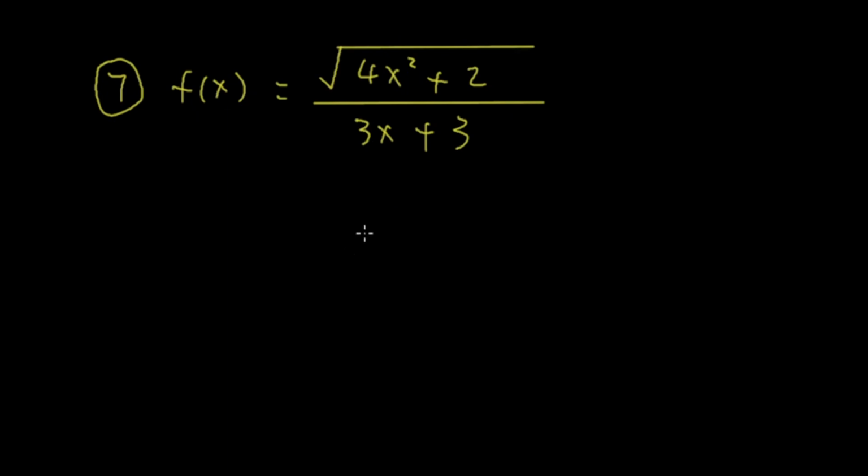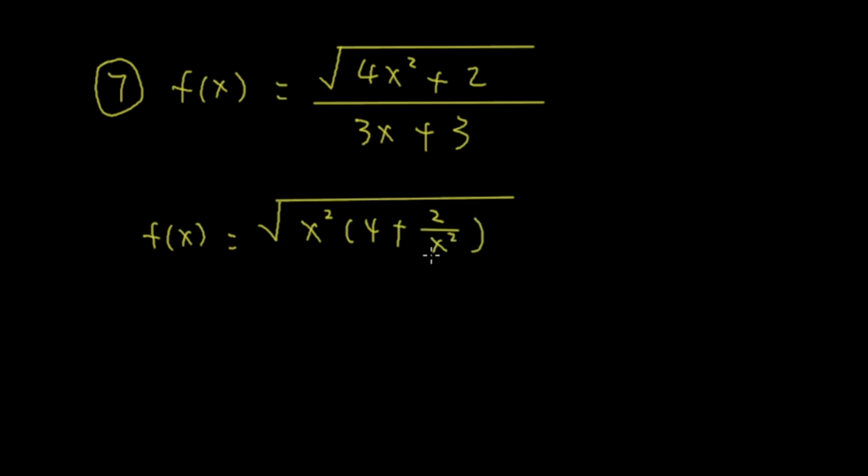Okay, in this case, let's rewrite this function here first. So we have f at x equals the square root of, here, this one we can see as x squared times 4 plus 2 over x squared.